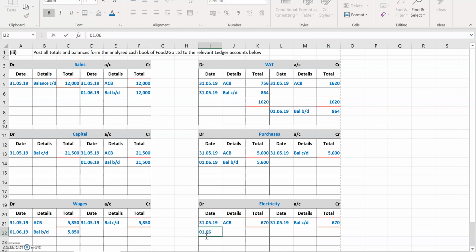So the 1st of the 6th, 19. What is it? It's the balance figure that's been brought down, and it's going to be 670. So that's bringing the figures across to the ledger account. So post all totals from the analyzed cash book to the ledger account, and then we balance them off. Okay, that part's done.